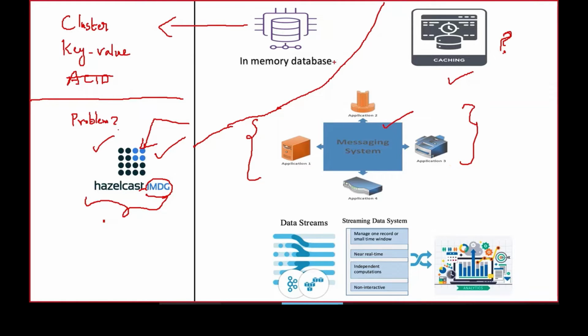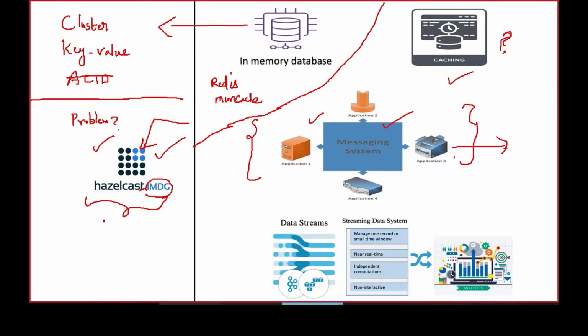So there are a lot of in-memory databases in the market. You might have heard about Redis, Memcache. It's a question mark whether all of them go much beyond an in-memory database, but Hazelcast performs a lot more. It not only works as an in-memory storage, it also works as a messaging system.